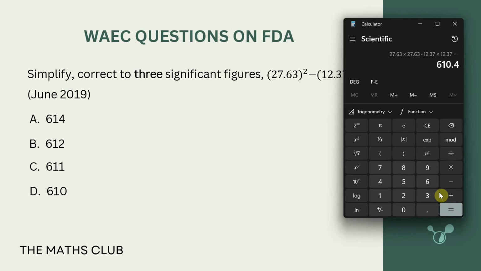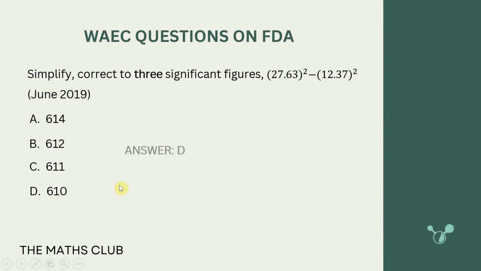This gives 610.4, but it said 3 significant figures. So this is significant figure 1, 2, 3. After the 0, the value there is less than 5, which is 4, so it's not going to add anything to the other one. So it's just going to be 610, and that will be our answer. That's option D. Great.